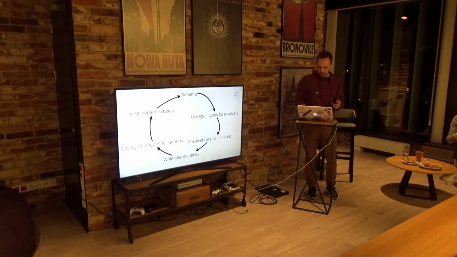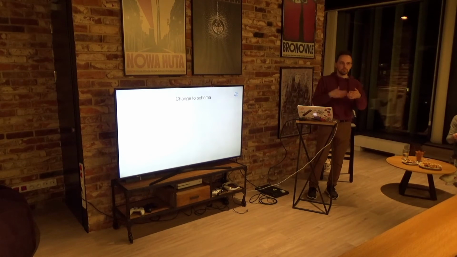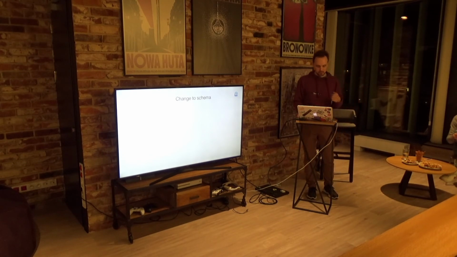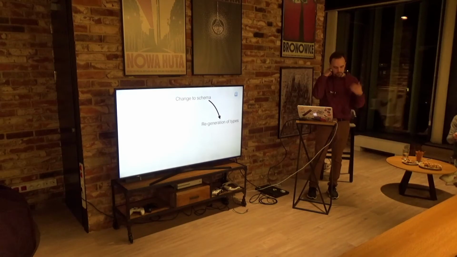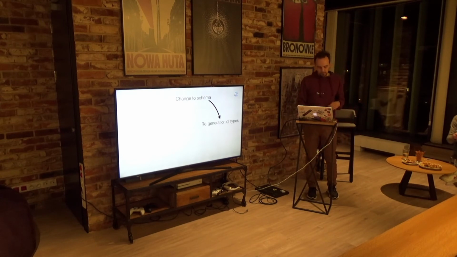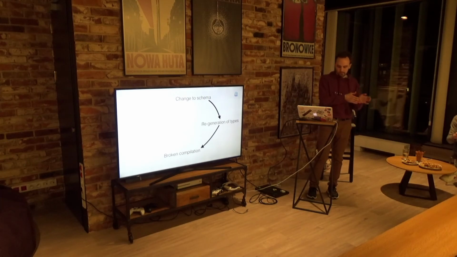In case of changes, it will look like this. You make a change to the schema. For example, the backender tells you that this field was removed or renamed. You say, okay, it's all cool, I'm going to do the change. You go and change the schema. It regenerates the types automatically because it's in watch mode, just listening. Then your TypeScript compilation either gets broken or everything is fine.